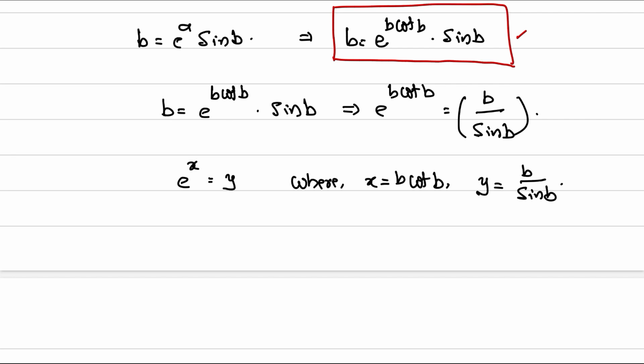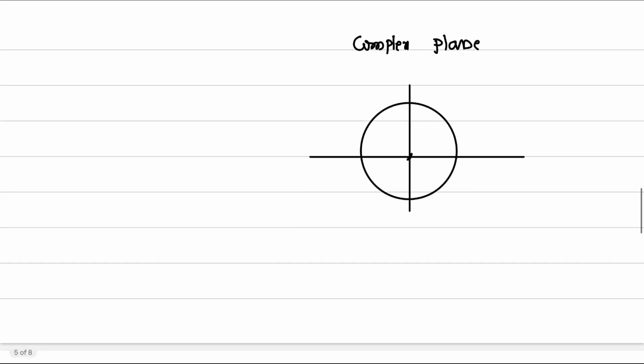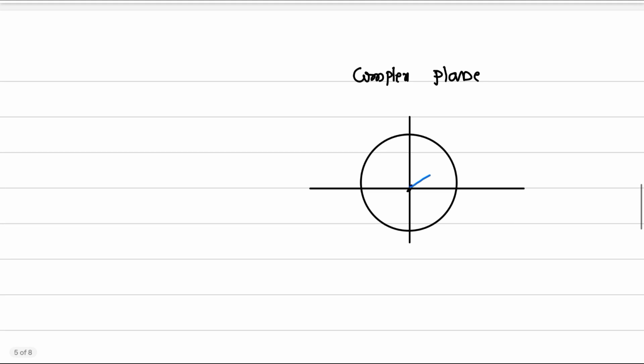We will take only the principal solution, because whenever you talk about complex numbers in the complex plane, if I take a unit circle or any circle for that matter, this is the angle theta.